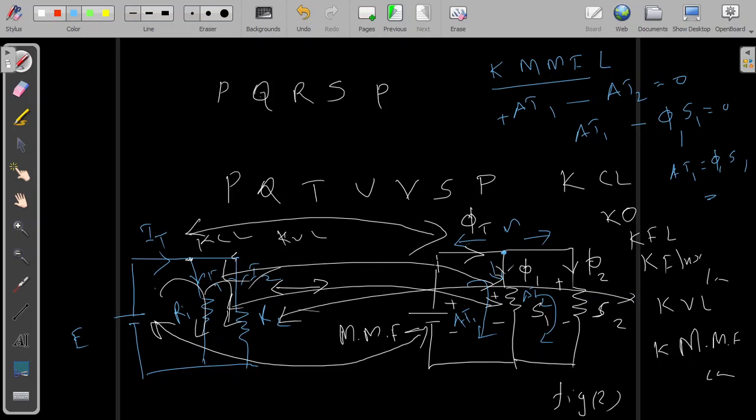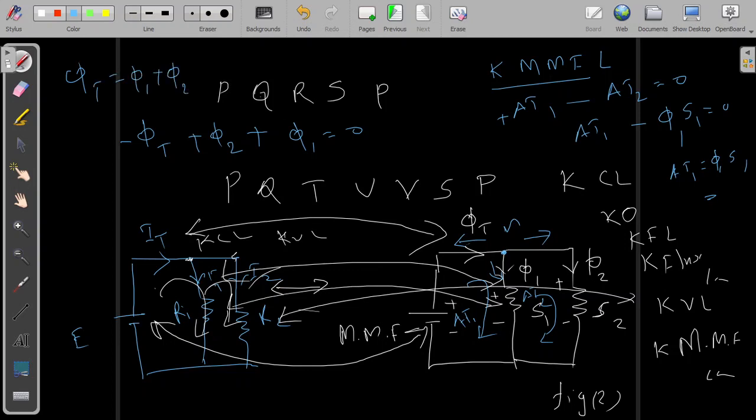So the total flux is actually in this direction, so we take the negative of that: minus phi t plus phi 2 plus phi 1 equal to 0. That means phi t equals phi 1 plus phi 2.